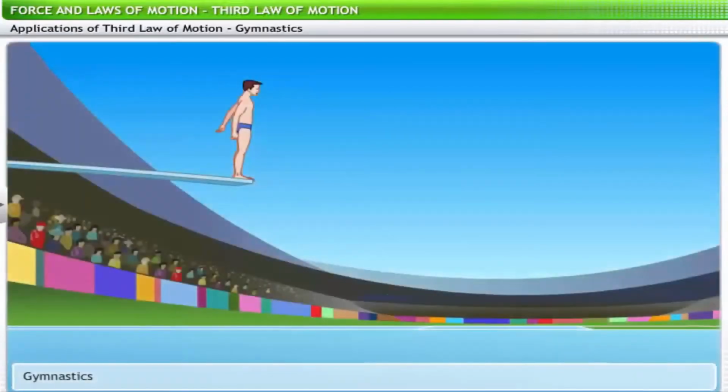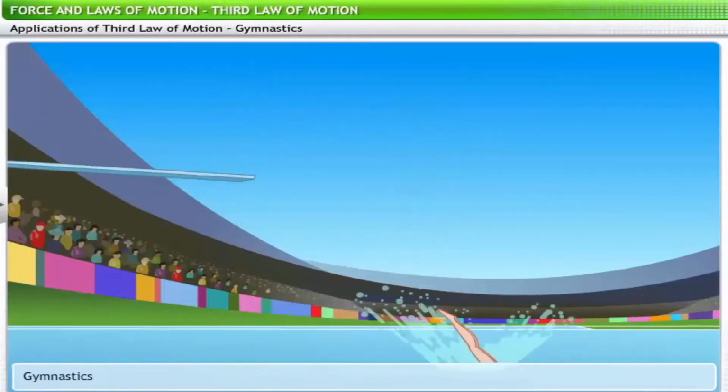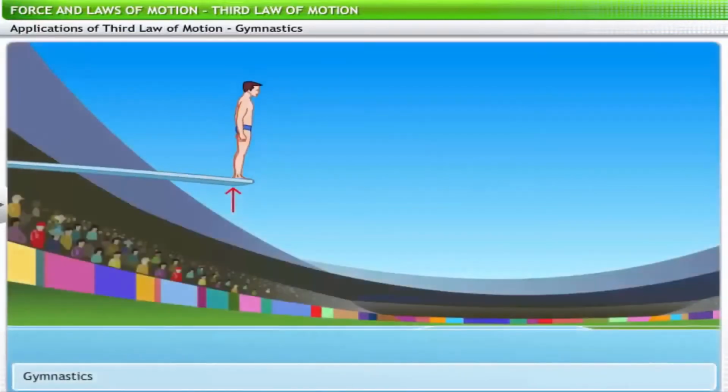If you like swimming and diving, you must be familiar with diving board. During a swimming event, a gymnast hops on the free end of the diving board before jumping off. The hopping action pushes the board down. When the board is released, it pushes the gymnast up in reaction.